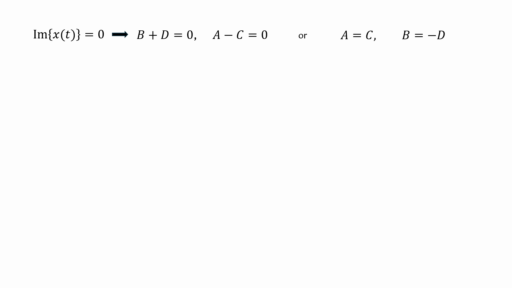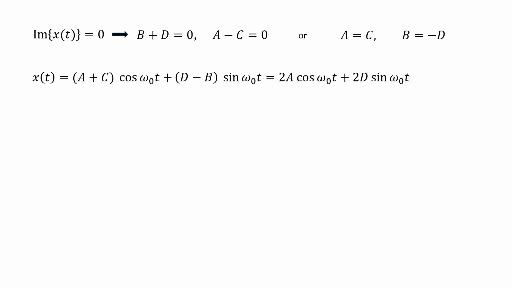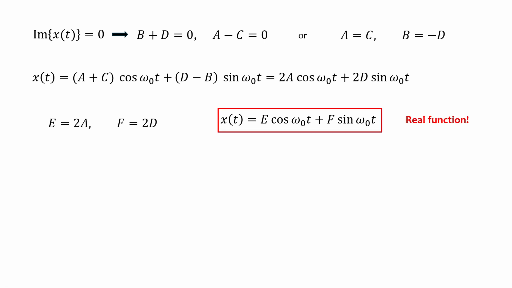If we substitute this back into the original expression, we will have an imaginary part that is 0 as required by definition, and the real part simplifies into the sum of sine and cosine functions like this. Again, we just redefine the constants and write down the solution in a more compact form. This form of the solution is likely familiar to many of you because it is often used in the literature. More importantly, we have achieved our goal, obtaining a real valued function.